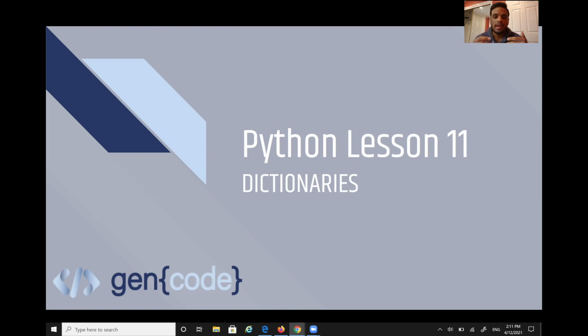In this lesson, we're going to be talking about dictionaries. Now, we talked about dictionaries way back in lesson 3, and that was just a brief introduction when we were talking about data types, right? Dictionaries are very important in Python. It's another data type that has collections, right?